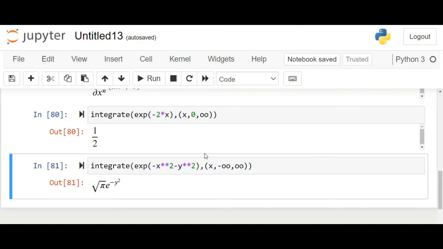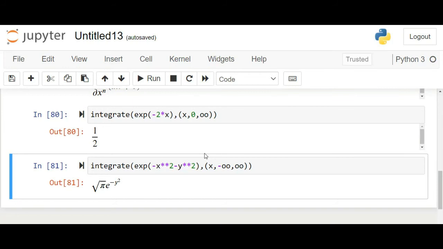Actually we want to make the double integral. If I write the double integral, this is a single integral, integration of exponential of minus x square minus y square from minus infinity to infinity.